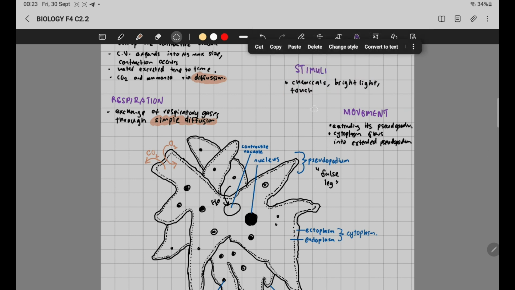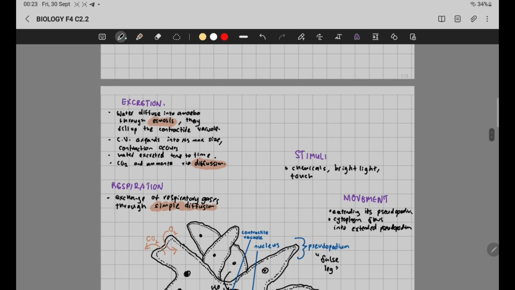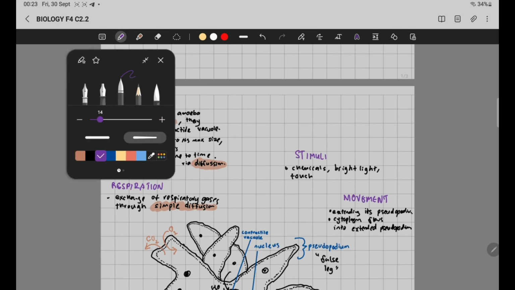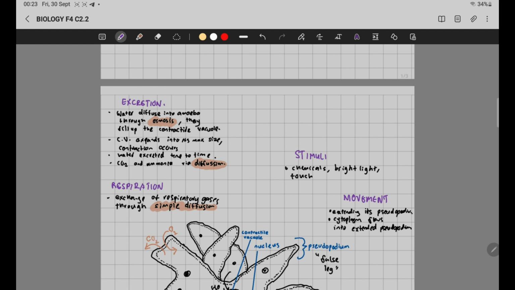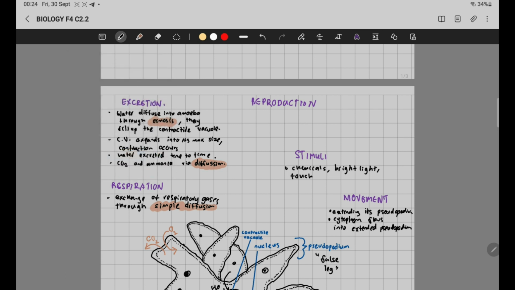Next, we learn about reproduction of the amoeba. All living things need to reproduce, or they will go extinct. What is unique about the amoeba is that it has two ways of reproducing, which enables survival in harsh conditions.